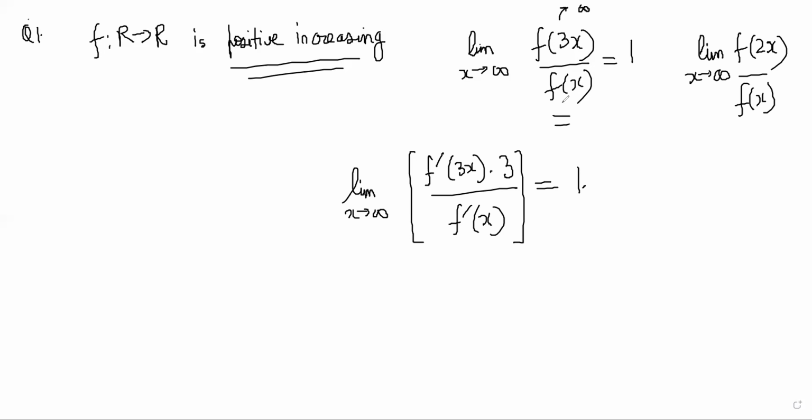So f dash infinity. Okay. f dash doesn't have to be infinity. f dash will be some positive value. But if it comes out to be a function of x, then it will tend to infinity. Let's say if it was x cubed and we get 3x squared, then limit x tends to infinity would still be infinity.